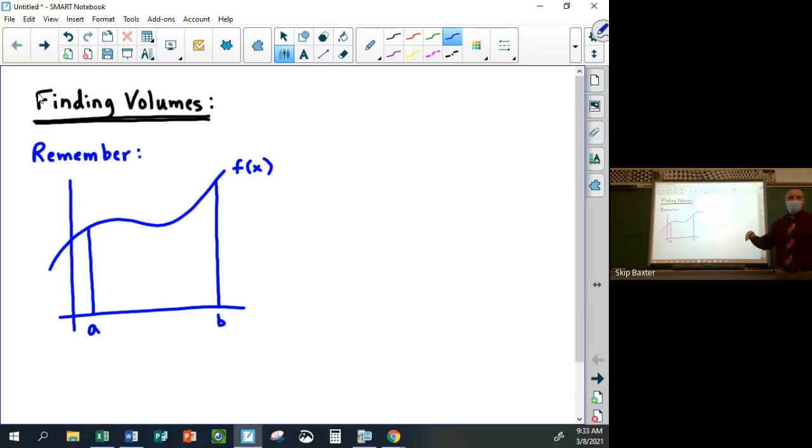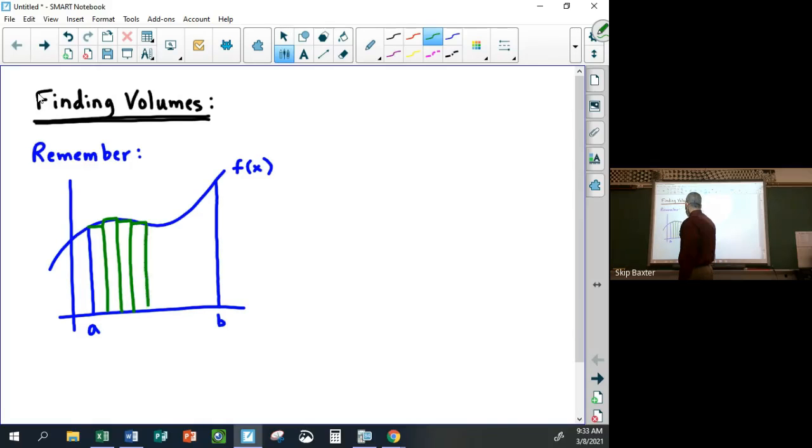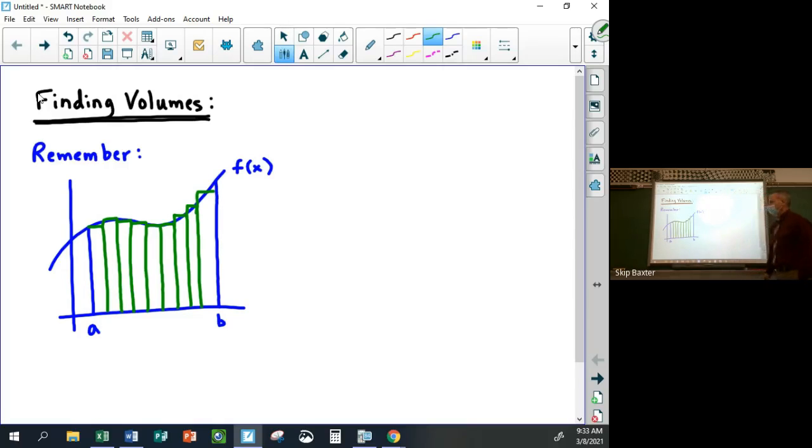Maybe we used the left-hand endpoint to determine the height of the rectangles. Maybe we used the right-hand endpoint. Maybe we used the midpoint, right? But we did these little rectangles. So we had a rectangle like this, and a rectangle like this, and we just kept doing that, and we added up all of those areas, right? So let me just finish drawing here. I'm just randomly picking rectangles, whatever.